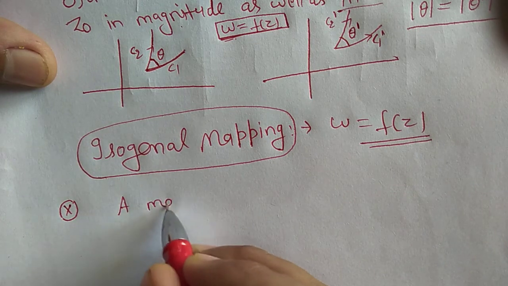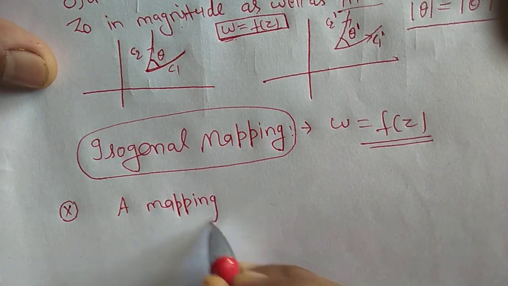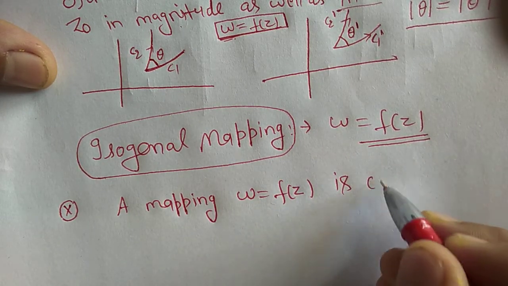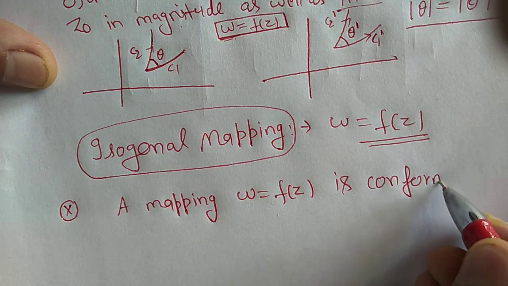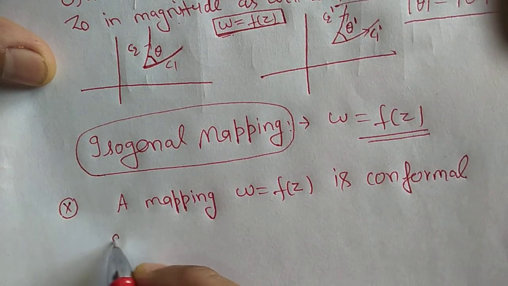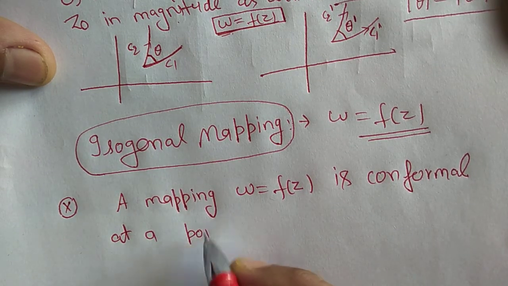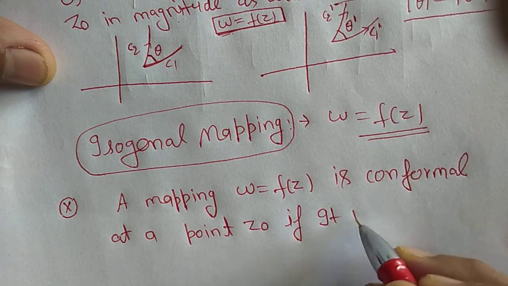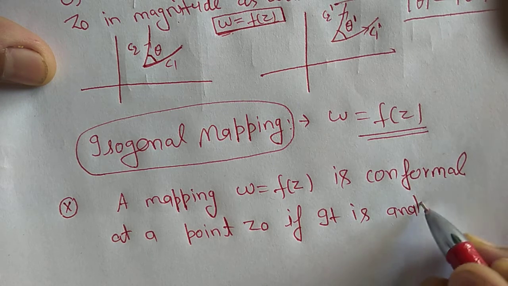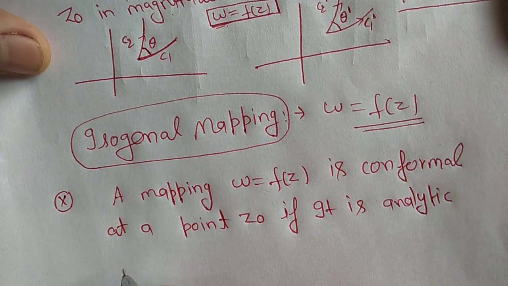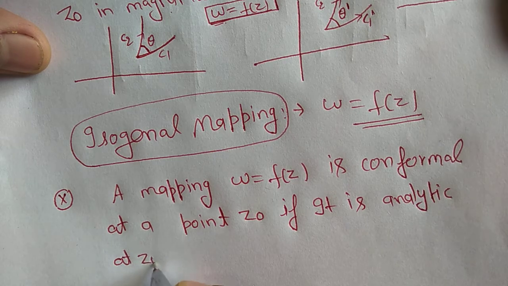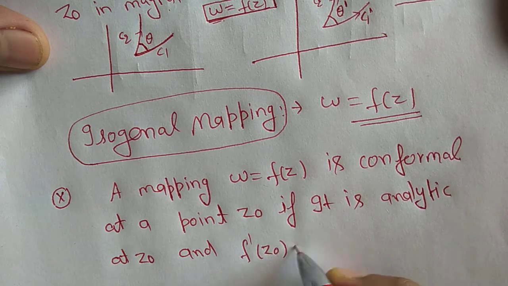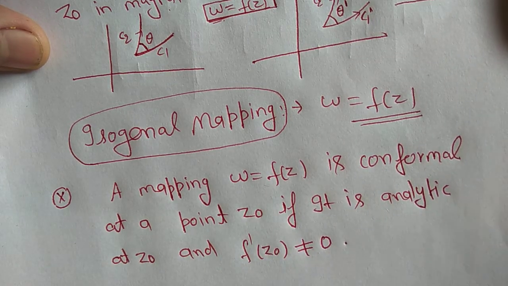A mapping w equal to f of z is conformal at a point z0 if it is analytic at z0 and f dash z0 not equal to 0.